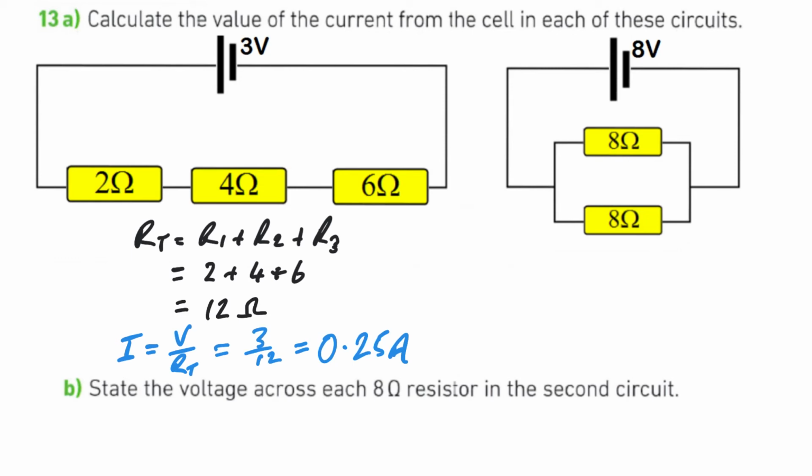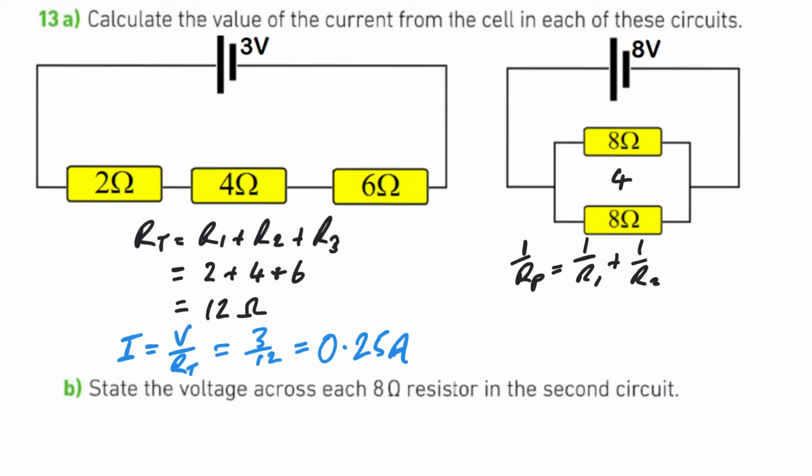Right, we need to do the same thing for the other one, so pause the video and find that total resistance. So we need our parallel equation for this one, and that means that 1 over Rp is going to be 1 over 8 plus 1 over 8. Now maybe some of you are looking at this and going, well, when there are 2 equal resistors, the answer is half of one of them.